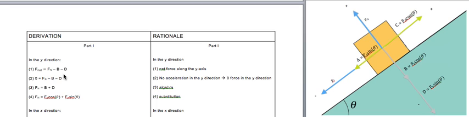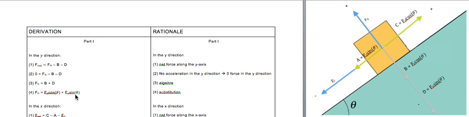And we know that the net force is equal to 0 because the block isn't falling through the inclined plane, nor is it being pushed off of it. So then we have 0 equals the normal force minus b minus d, and then we can just rearrange that in order to solve for the normal force, and then substitute in b and d to get the normal force in terms of values we already know.